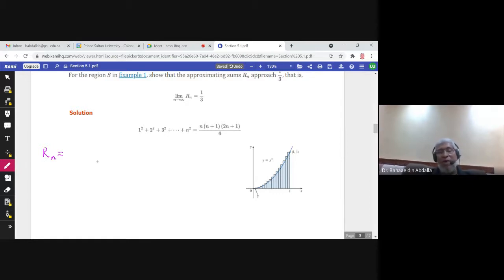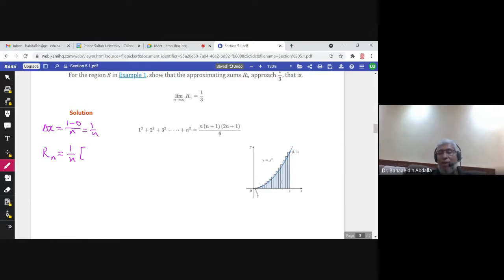So we will have n rectangles, and now what is delta x here? What is the width of each rectangle? It is b minus a, which is 1 minus 0, because from 0 to 1, over the number of rectangles, which is n in this case. So we have 1 over n. 1 over n is the width of all the rectangles.